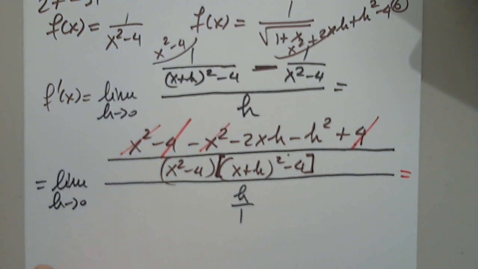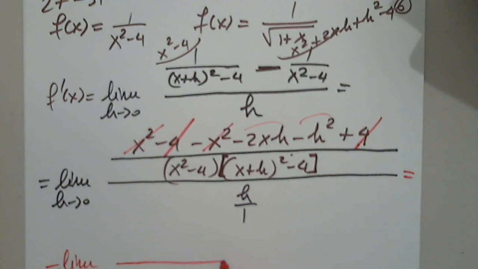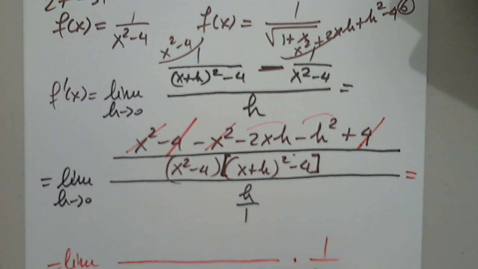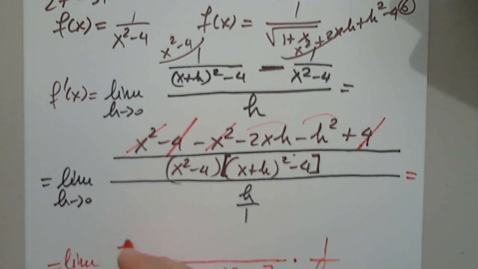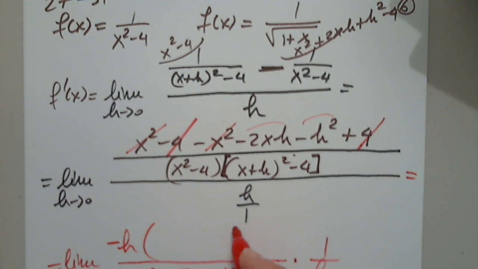Awesome. Good. So now we have the limit as h approaches 0. These are the remaining terms. What do I have to do with those? Factor out the h. Yes. If I don't factor out the h, then I will not be able to complete. Since they're both negative, I'm going to factor out negative h.